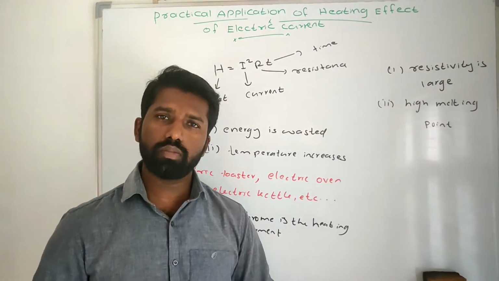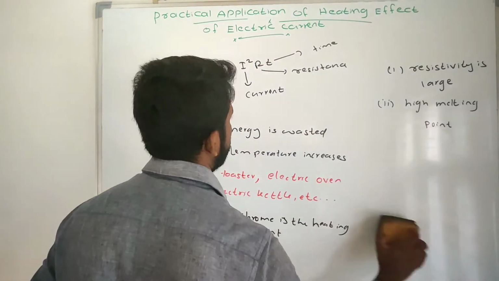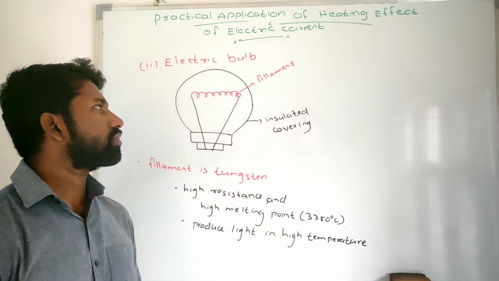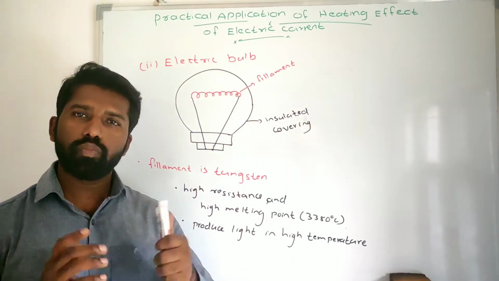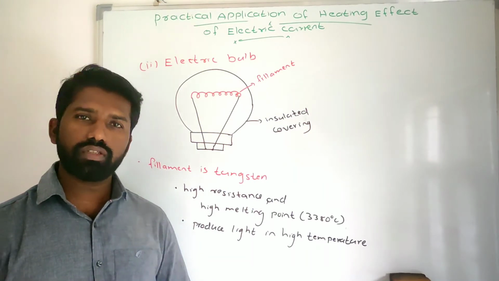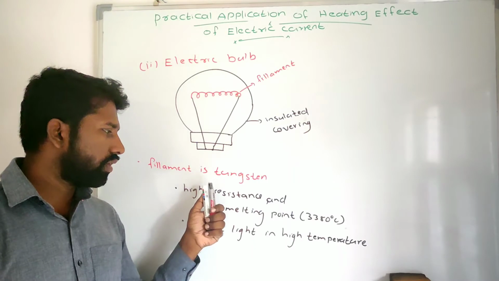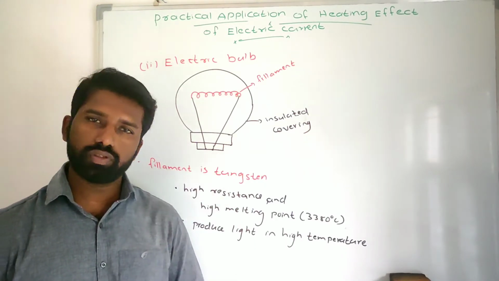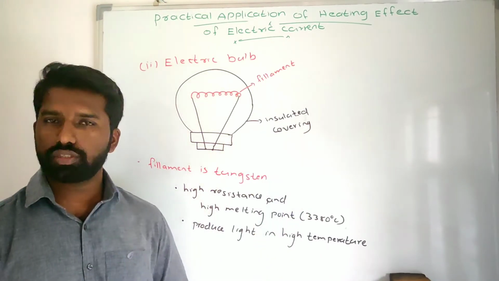Next, we are going to discuss the second application, that is the electric bulb. This is the structure of the electric bulb. In it, the filament is the important part. The filament is made of tungsten. We use tungsten in the electric bulb for two reasons. First, tungsten has high resistance and a high melting point, nearly 3380 degrees Celsius.